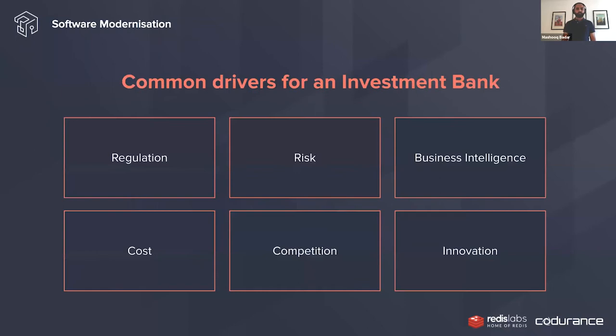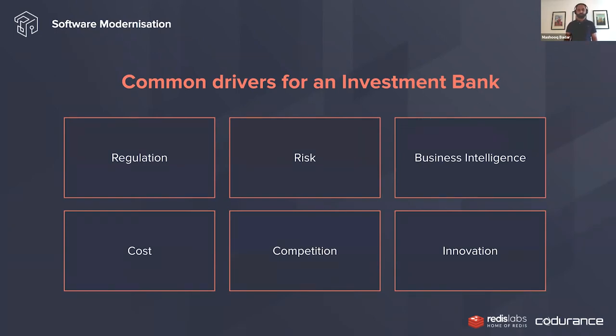Right. So in terms of modernizing software and reducing the architectural complexity in investment banks, there are many drivers. These are some of them. I'm sure they are not news to you. In particular, the regulation is becoming stronger and stronger, and we're having to think about our systems in a very different light to be able to comply.